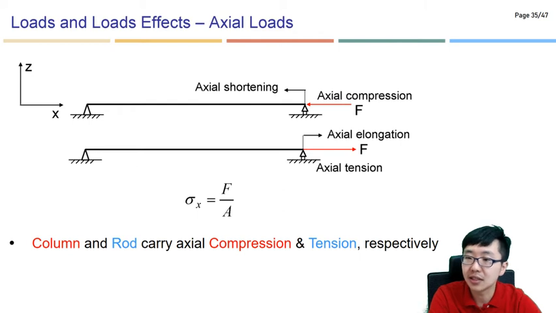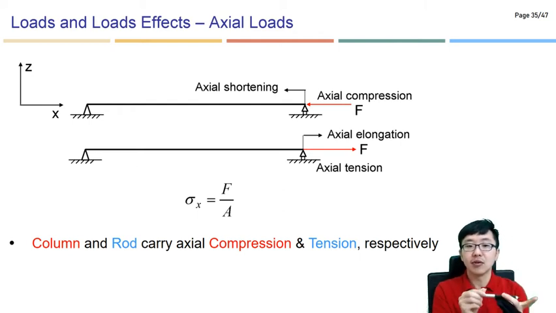And we have learned that the definition of column is a one-dimensional structural element subjected to compression. We can see columns in all buildings, and the rod is like a 1D structure but subjected to tension.